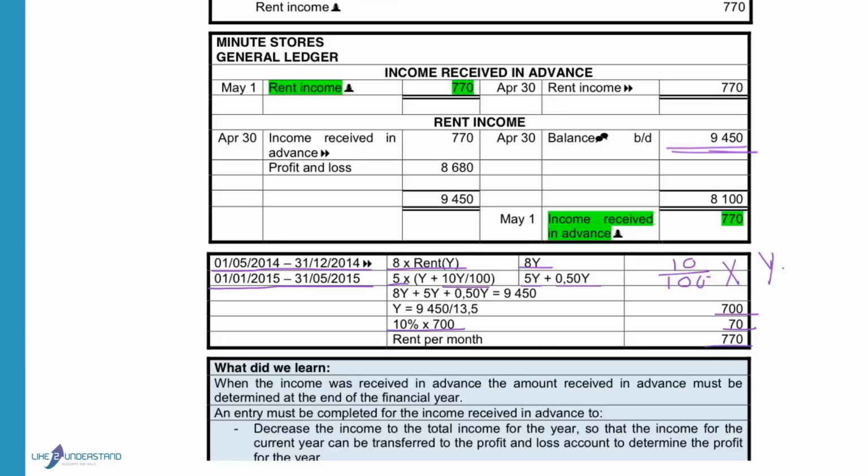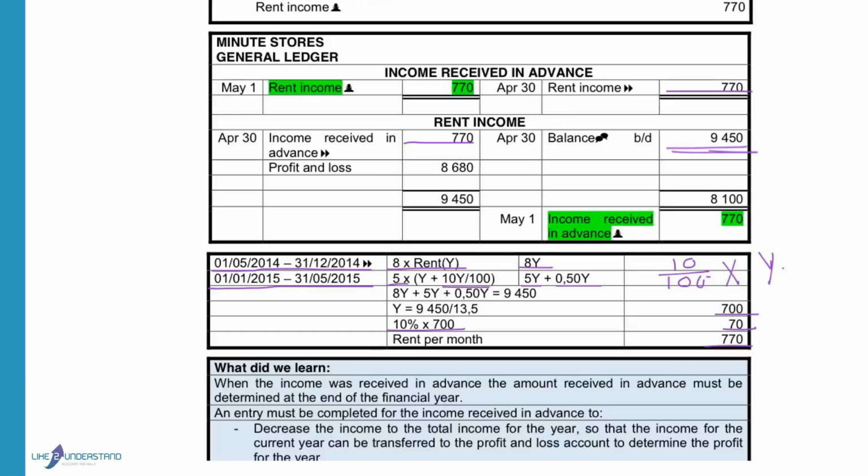The rent income account must be decreased with 770 because that money is not for the current year. And income received in advance will be credited with the 770. So we create a liability to show that we already received money in the current year that was only supposed to be received in the next year.